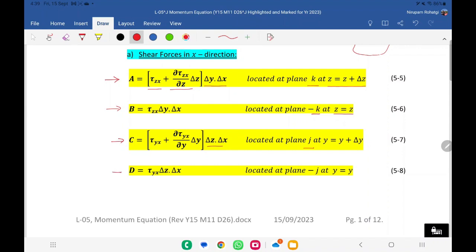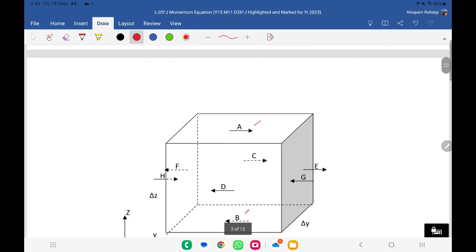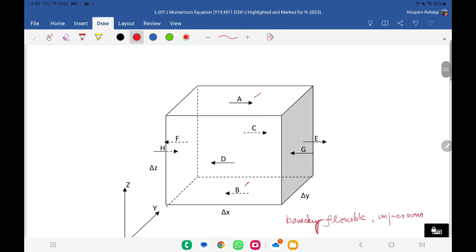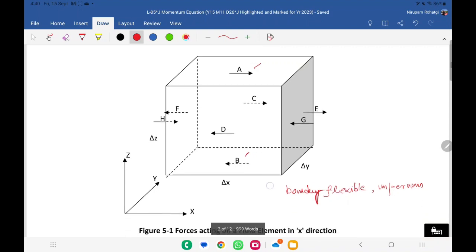Similarly, D, that will be on the front plane, C is on the farther plane in the backward direction. Okay. Now you can see here, A is acting here at the top, B is acting here at the bottom in the negative direction, C is here in the right direction, D is in the negative y direction on the front face. Alright.